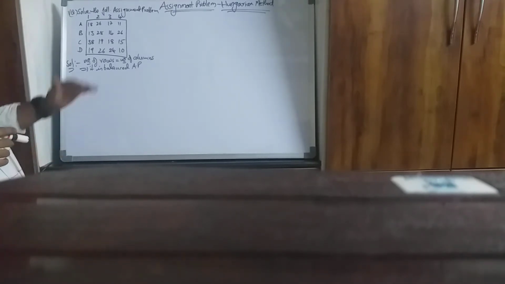So now what is the next step? Next step what you have to do? You have to select smallest element from each row. So from each row you have to select a smallest element. What is the smallest element in the first row? So in the first row the smallest element is 11.